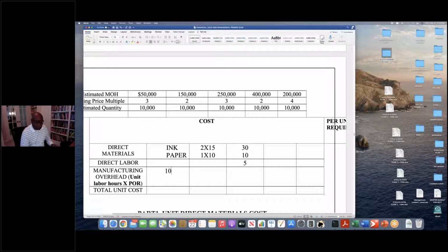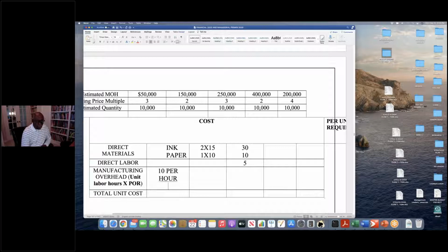That means it took 1/10 of an hour to make one item.